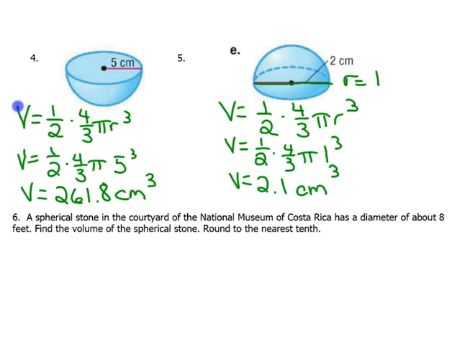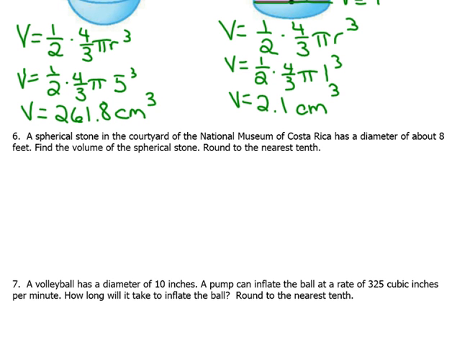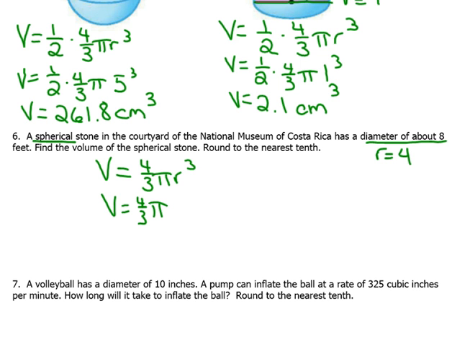Okay, a spherical stone in the courtyard of the National Museum of Costa Rica has a diameter of about 8 feet. I need a radius, so I'm going to do that right away. Find the volume of the stone, round to the nearest tenth. It's a sphere, not a hemisphere, so it's our regular 4/3 pi r cubed. So 4/3 pi times 4 cubed.